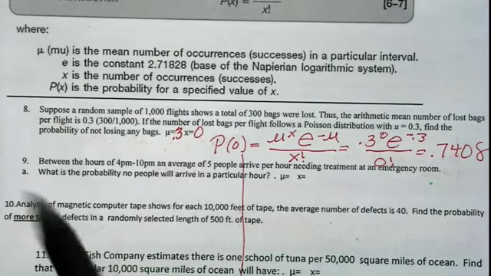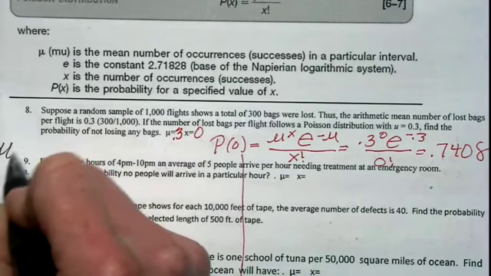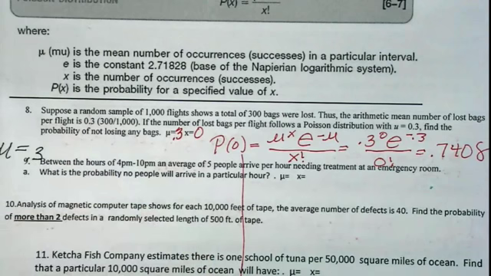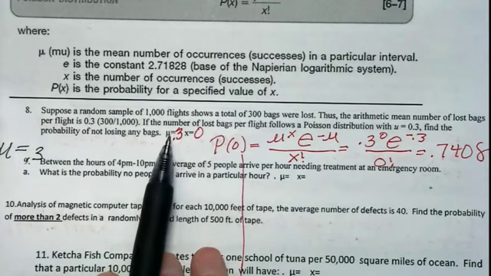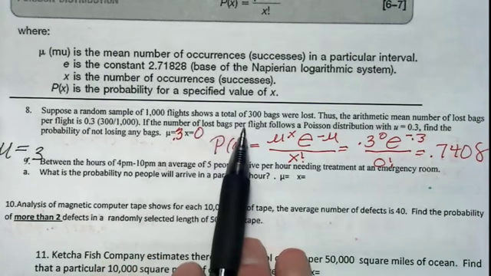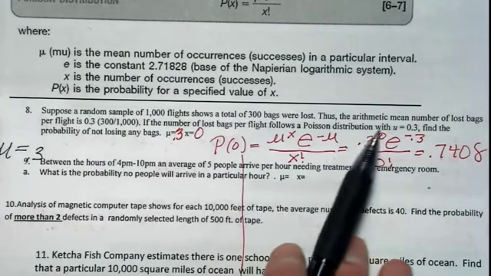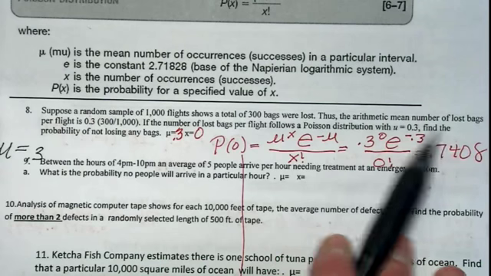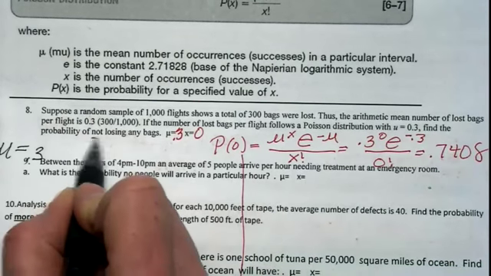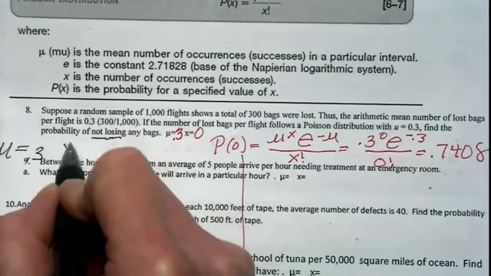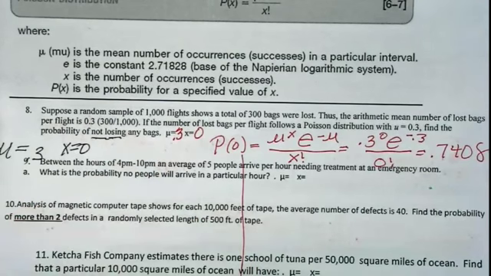That's my rate. So therefore, mu equals 0.3. Okay? If the number of bags lost per flight follows a Poisson distribution with mu equals 0.3, find the probability of not losing any bags. So x equals 0.